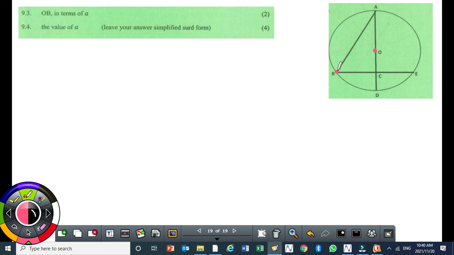Some of them won't be drawn on the diagram, but you should know that if there's a center here and a point on the circumference, that's a radius. So 9.3, OB is equal to OD. They are radii, right? So you write your reason: radii.